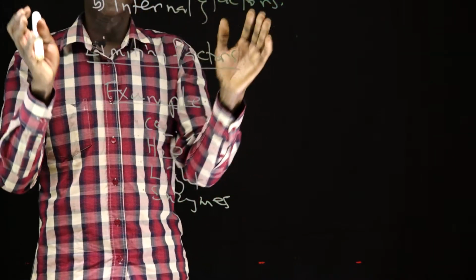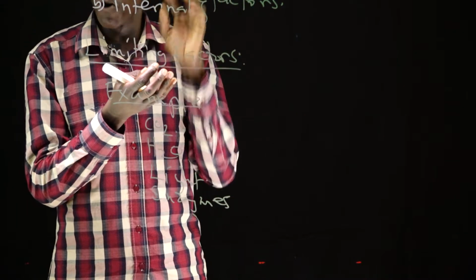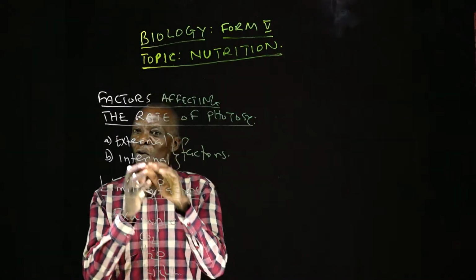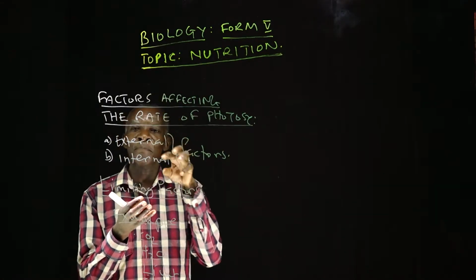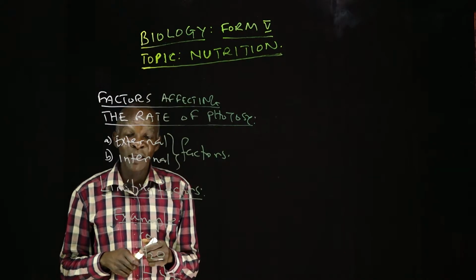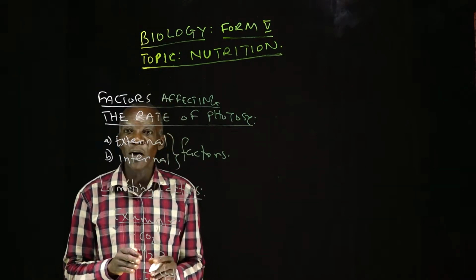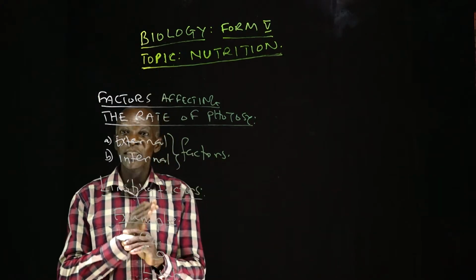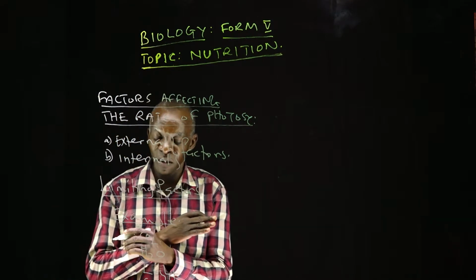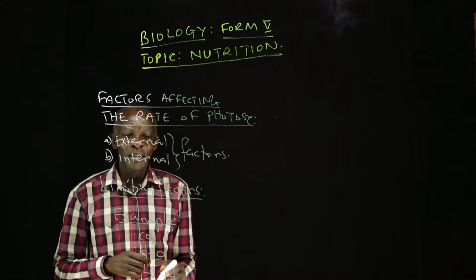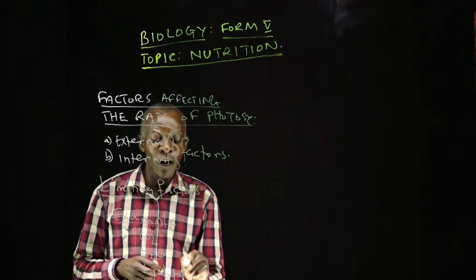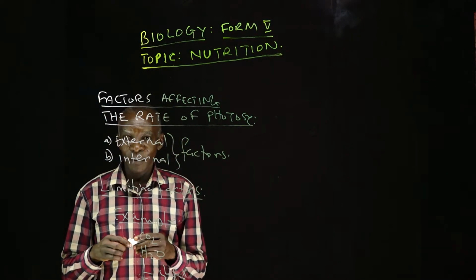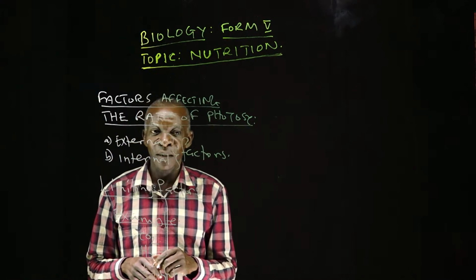Now, suppose that you have this photosynthesizing plant. If all other factors are normally supplied, this plant has plenty of carbon dioxide, there is water, enzymes are efficient, temperature is normal, but this plant is devoid of light. Light is absent.